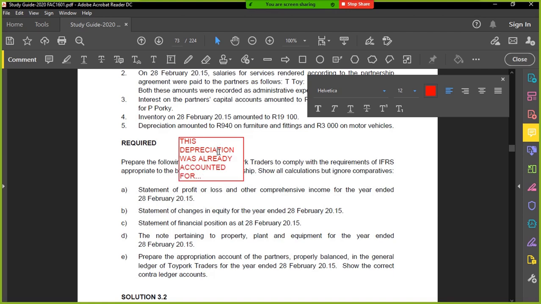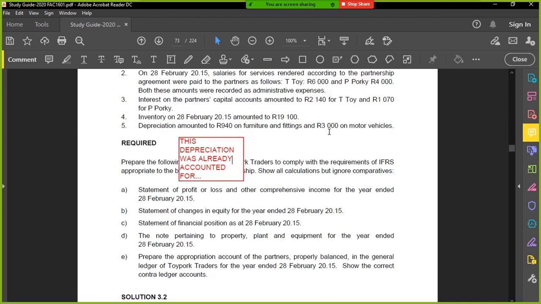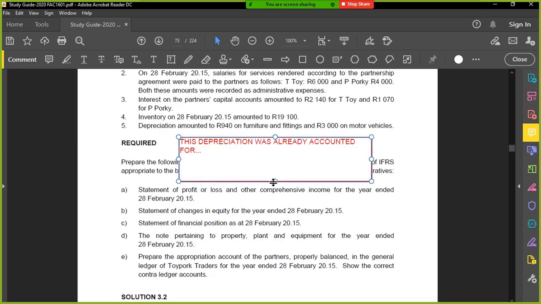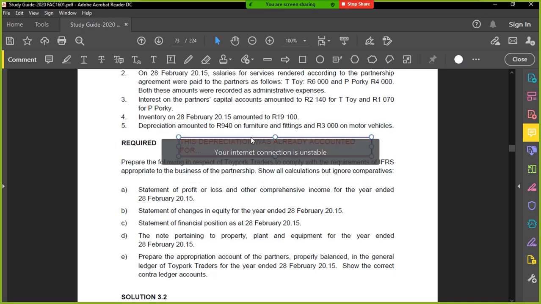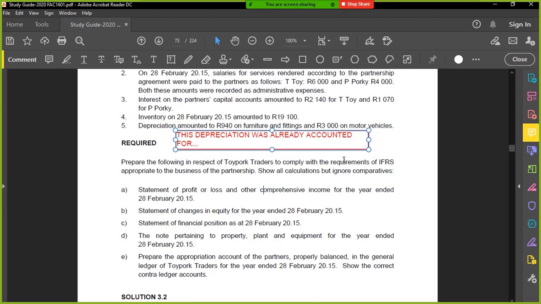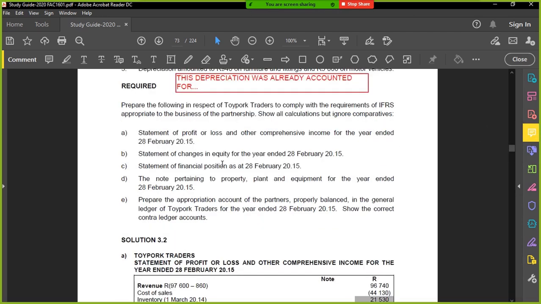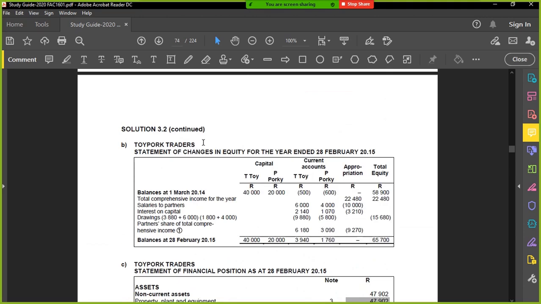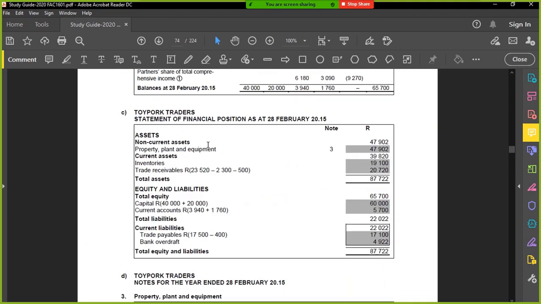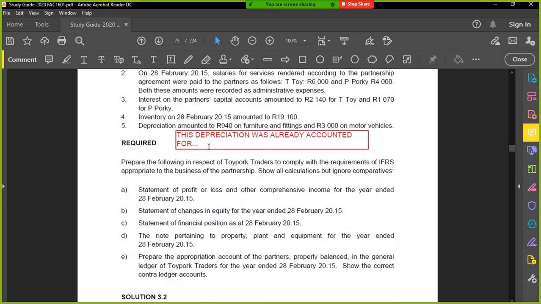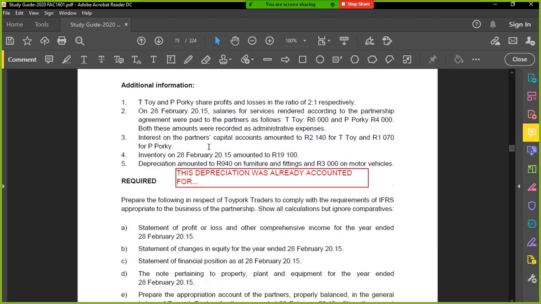If they said that in the question, then I wouldn't have done anything. Does that make sense? If they told you that in the question, then I would draw up exactly what they've got. Then their solution would be correct, because then you wouldn't have shown more depreciation.